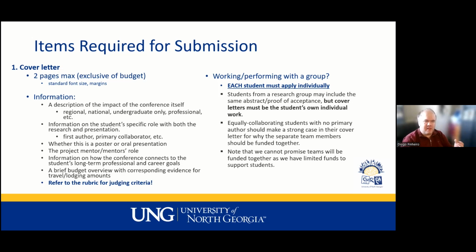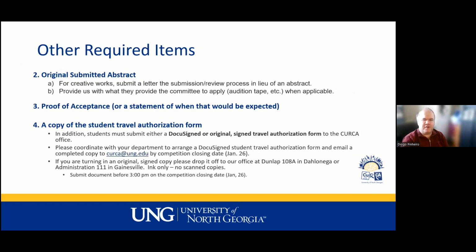But besides the cover letter, there are some very important items that you have to submit. First, you have to submit your originally submitted abstract, right? To be accepted into the conference, you had to submit an abstract of some form. Send that to us, right? If the deadline hasn't passed yet, you can send the one that you're planning on submitting, right?